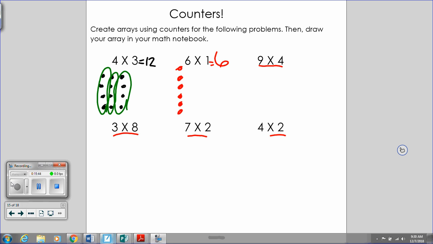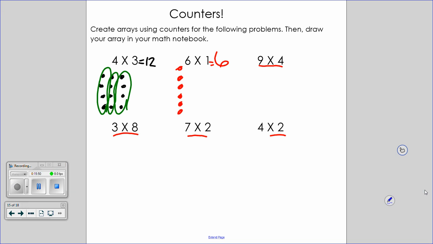Alright, if I'm solving 7 times 2, my array should look something like this. 3, 4, 5, 6, 7, and then another group of 7.